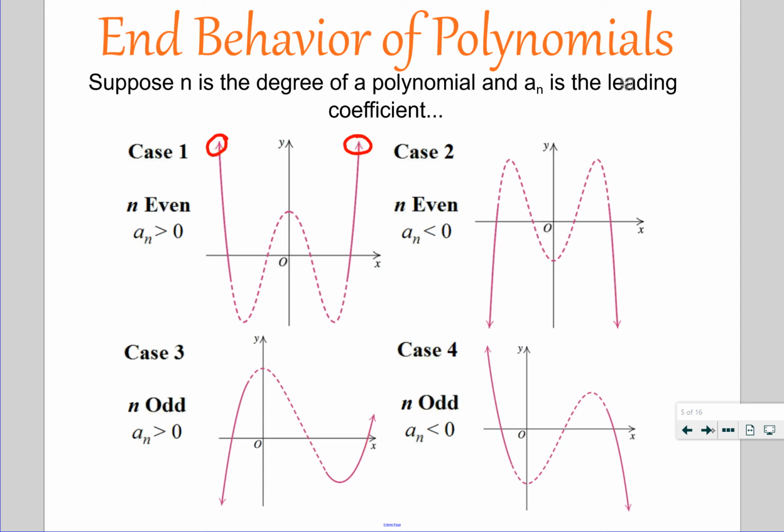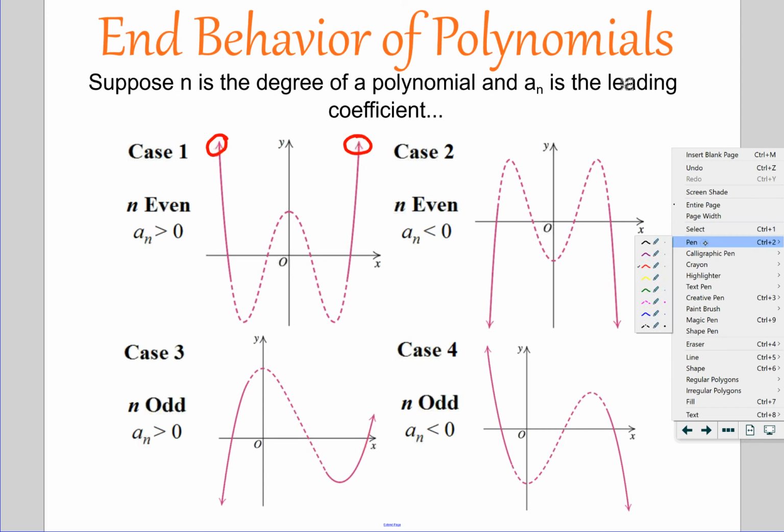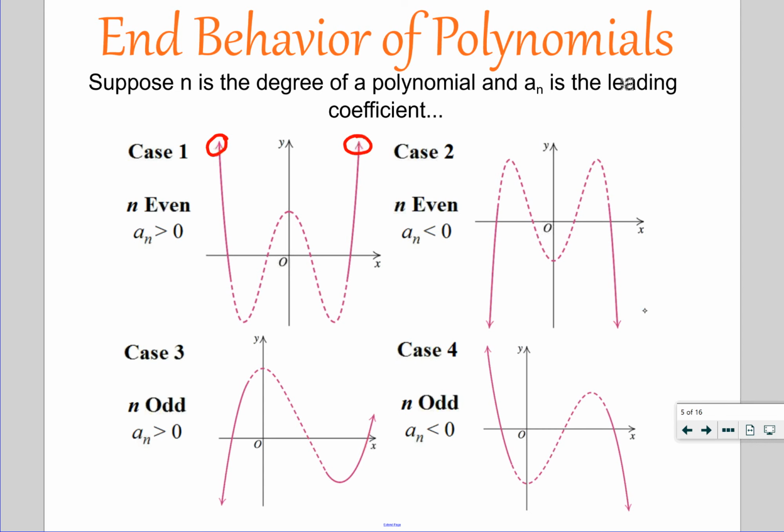A way to determine the end behavior of a polynomial without looking at its graph is by looking at the degree. So let's say n is the degree of our polynomial and a sub n is its leading coefficient. And again, a sub n is what they use to represent the leading coefficient. There are 4 different cases, and notice that in the middle here we've got some dashed lines instead of solid lines, because we don't really know what's happening in the middle of the graph right now.